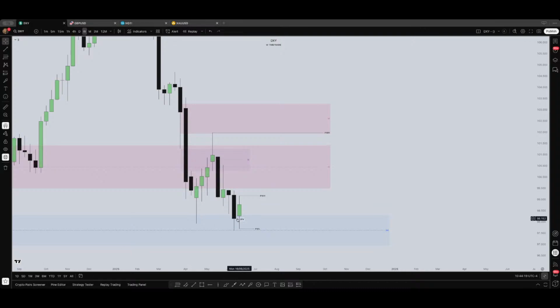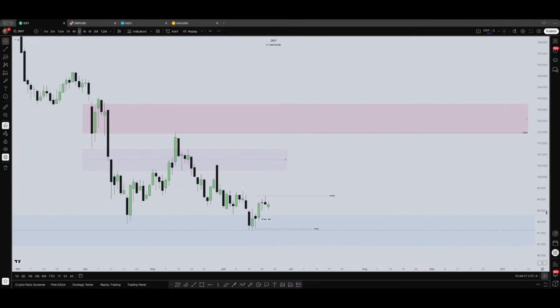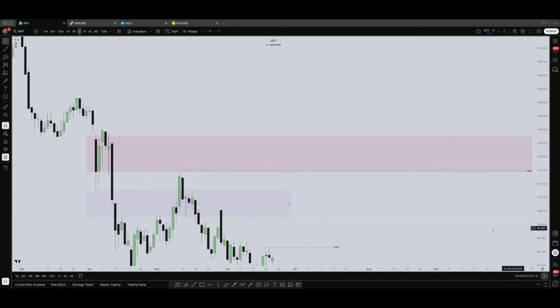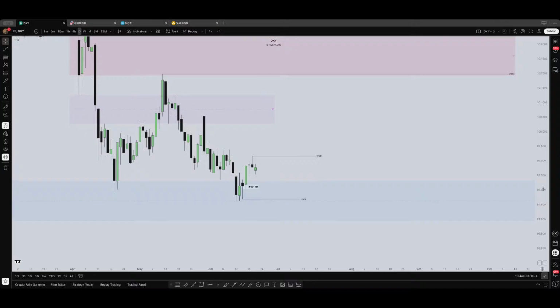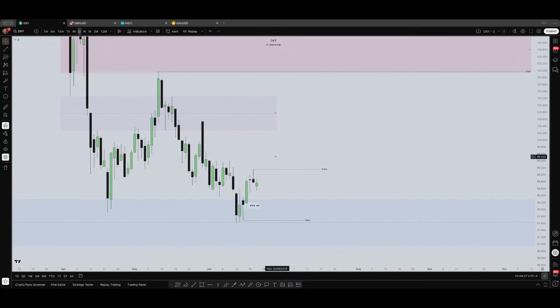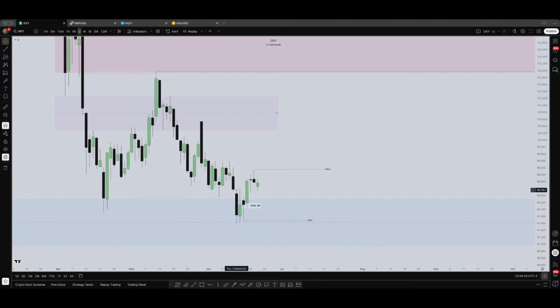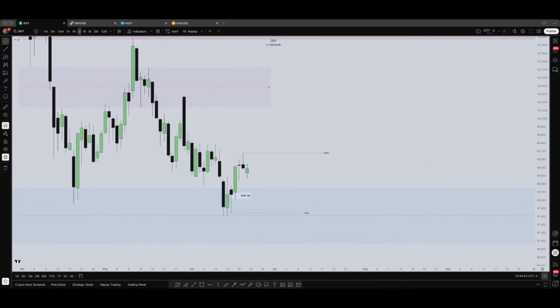So I'm interested in seeing next week how price will perform. Okay. We have here equal, relative equal.